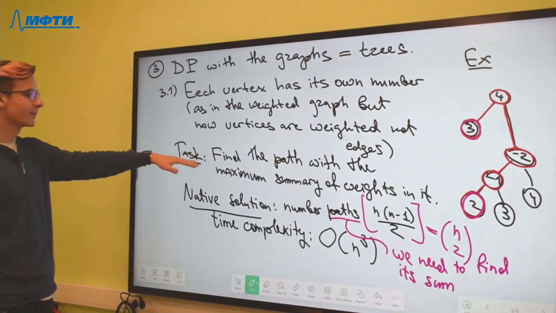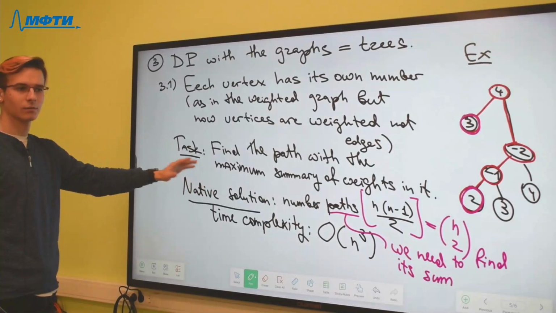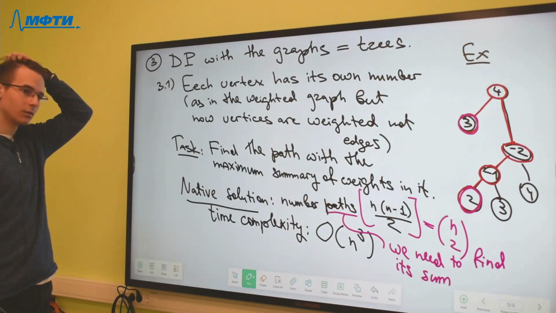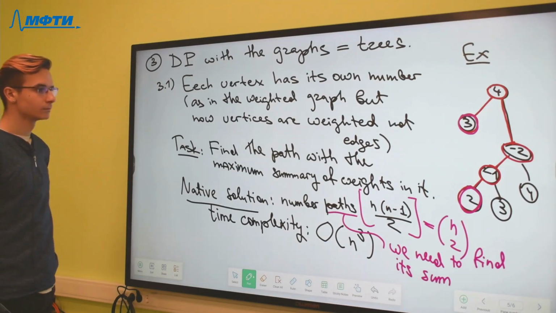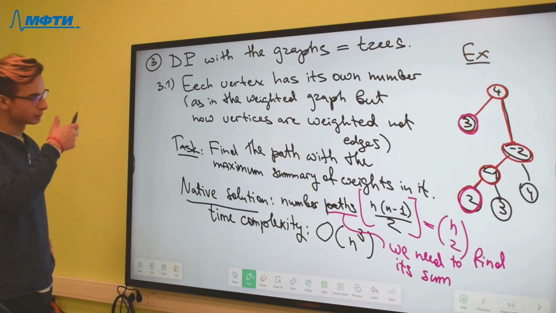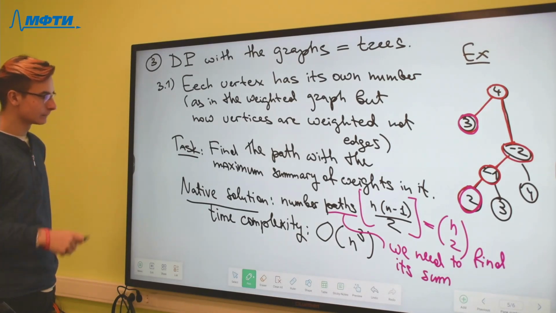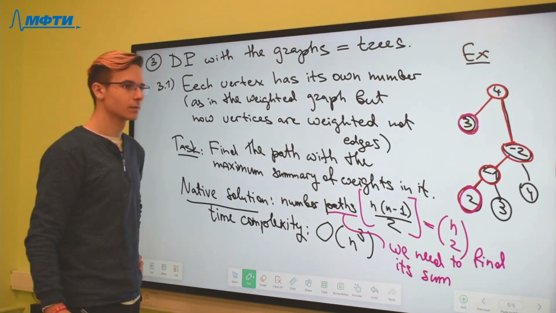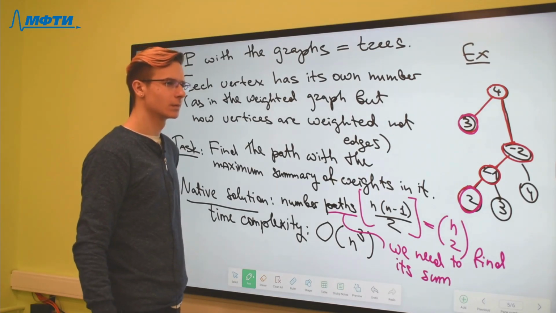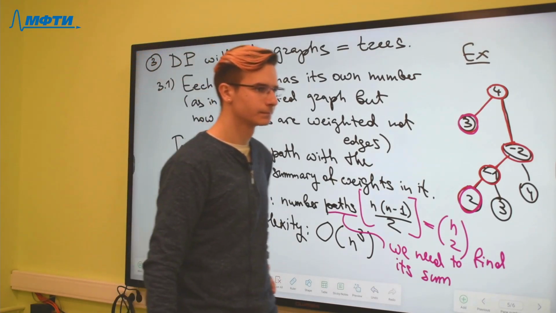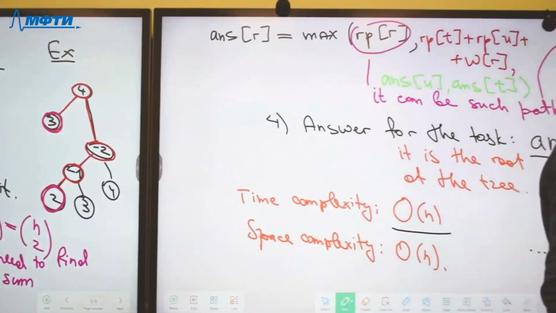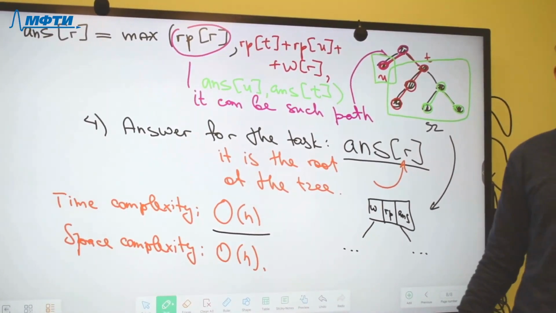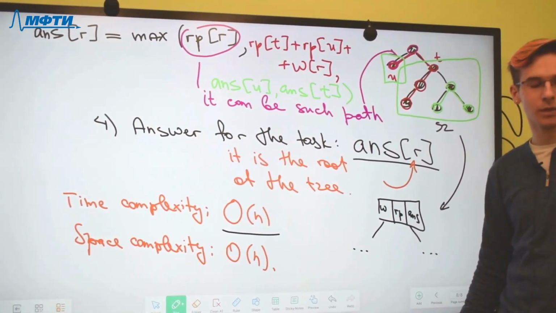Find the path with the maximum sum of weights in it. So the root has to be in the path? The root can be in the path, but it's not mandatory.